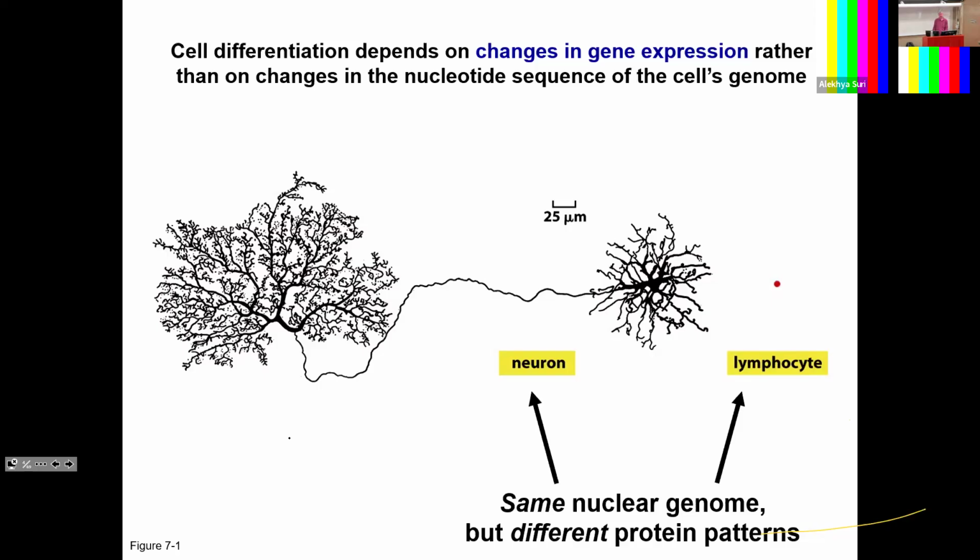Both cells have the same genome, the same genetic information, or let's say almost 99.99 percent. In lymphocytes, there are some rearrangements, from the T cells, some receptors and so on. But overall, same genome, but different gene expression patterns.